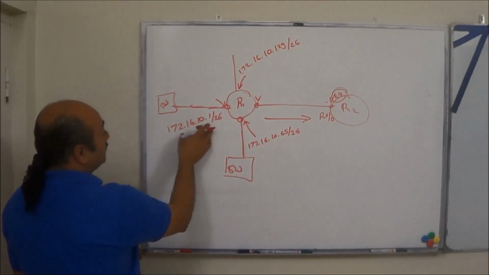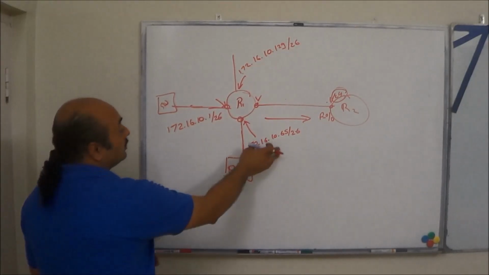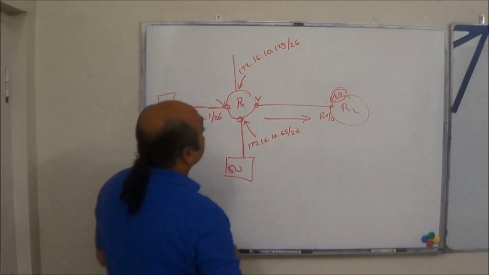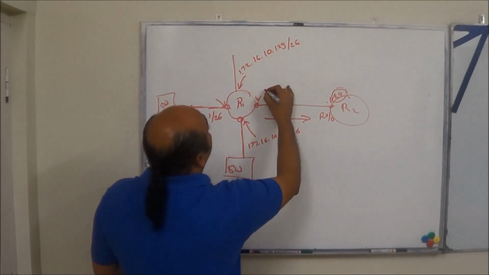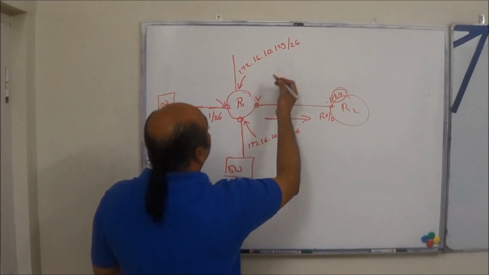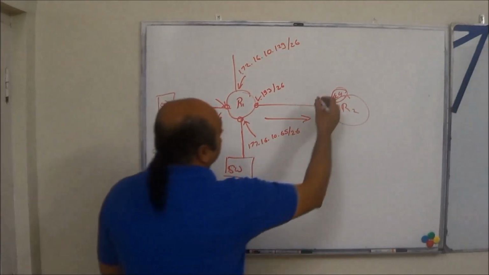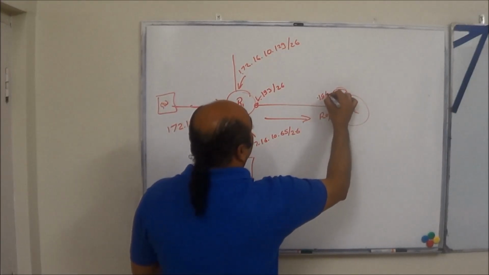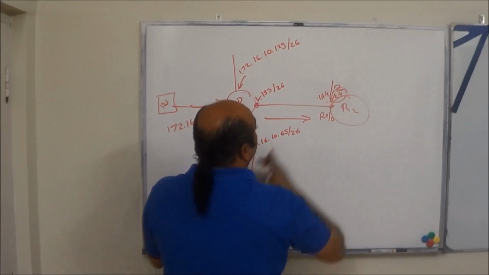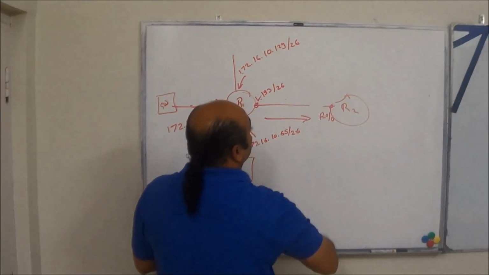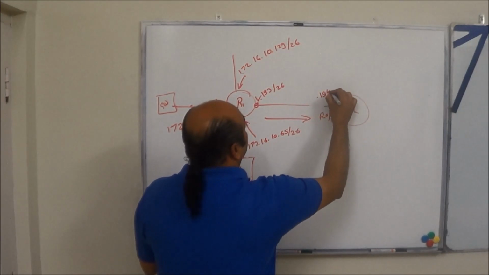So what is this network? 10.0, 10.64, 10.128. Let's put this one as 193/26. This can be 194/26.